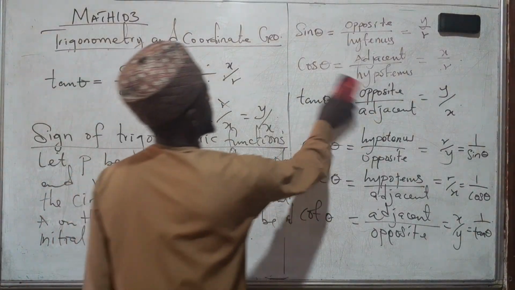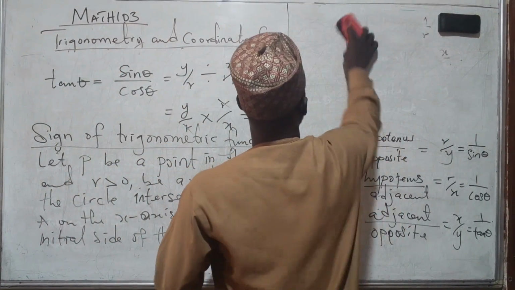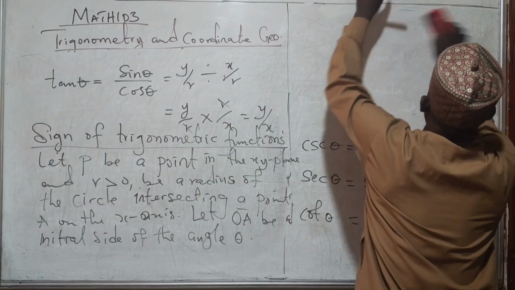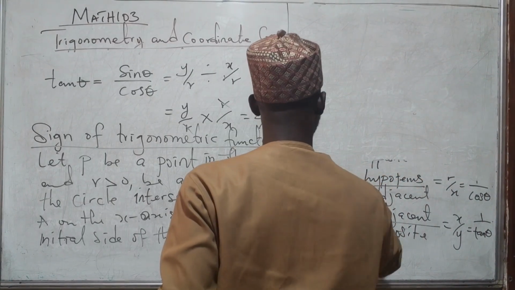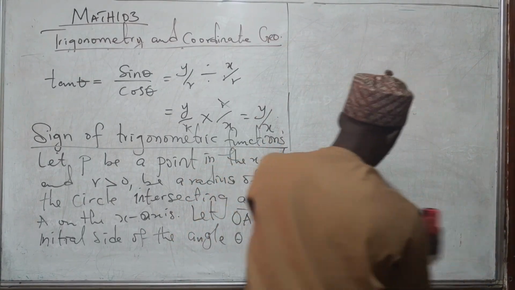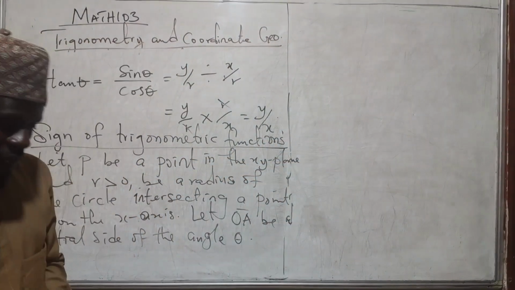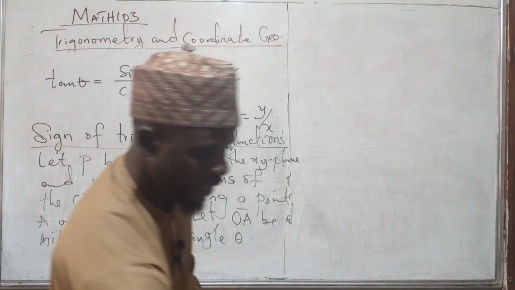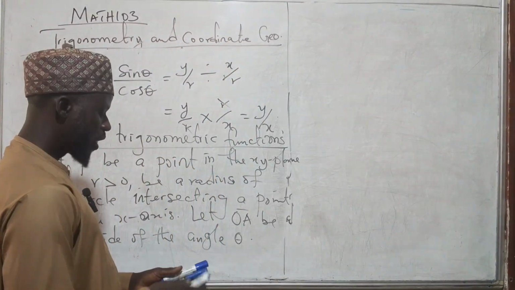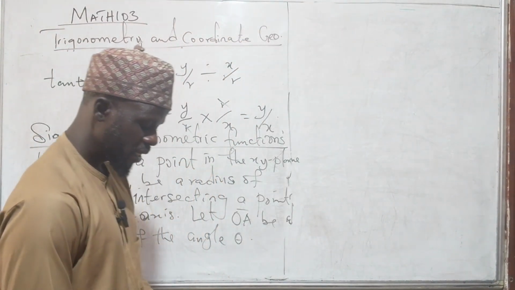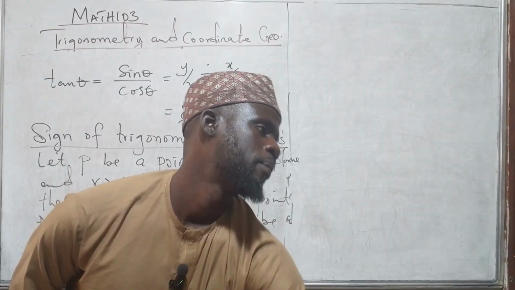So we will see that the 6 trigonometric functions will either be positive or negative depending on the position of P on the xy plane, that is, in which quadrant P is falling.